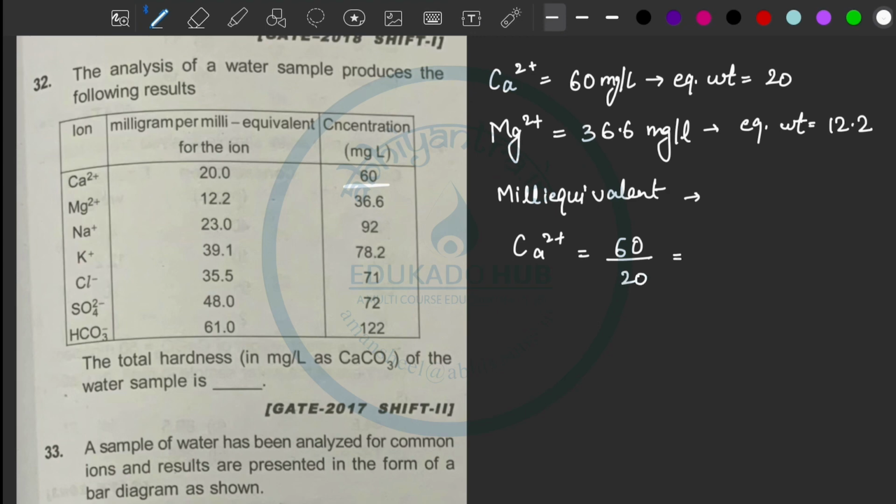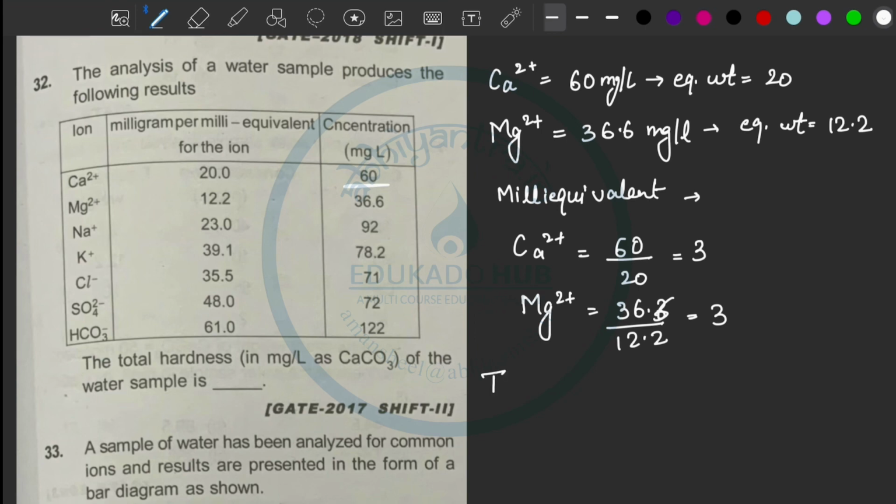So for Ca2 plus that is 3, and for Mg the concentration is 36.6 divided by 12.2, so it becomes 3.